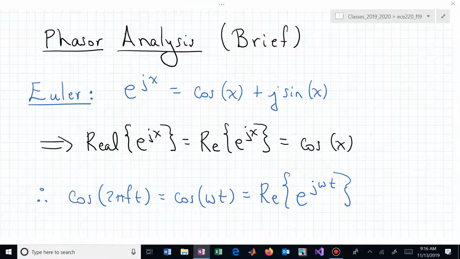If we wanted to just look at the real piece, or the cosine, we could just take the real part, and we'll typically abbreviate that Re of the argument, this complex exponential. Here I'm just saying the exponential is jx, but in our analysis we'll actually make it a function of time. In the bottom line, you can see that cosine of 2 pi f t, which is our omega, that's cosine omega t.